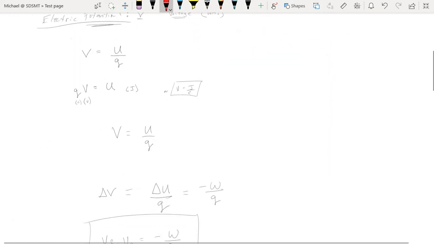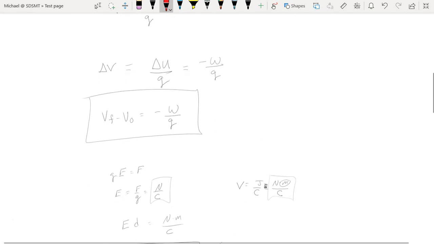So we're going to do the work to move the particle to its final position. The initial position is where the potential would be 0. And so now we're going to switch out the work done by the system for the applied work that we're going to do.